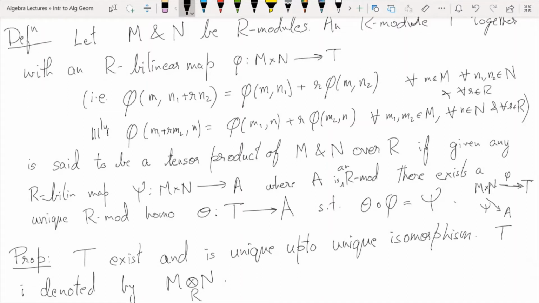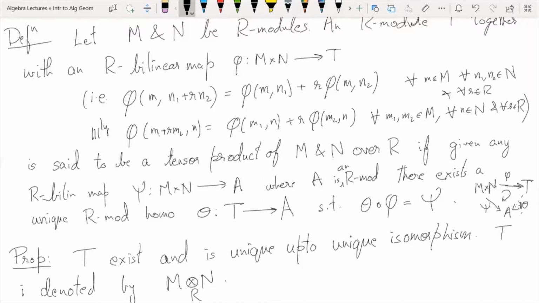Then there exists theta, which is unique and R linear, such that this diagram commutes. So T and A are both R modules, so you want theta to be an R linear map.